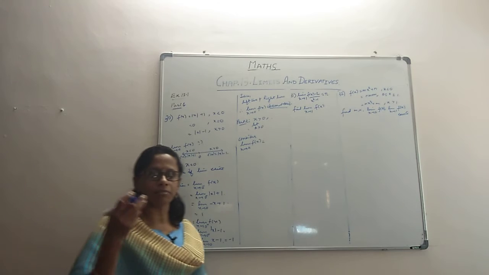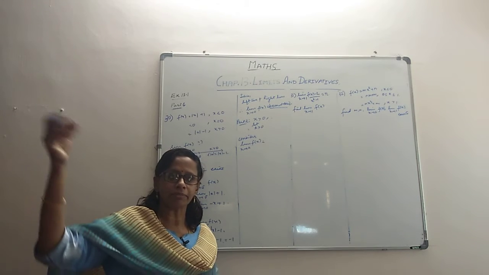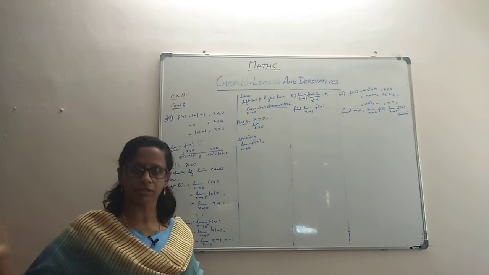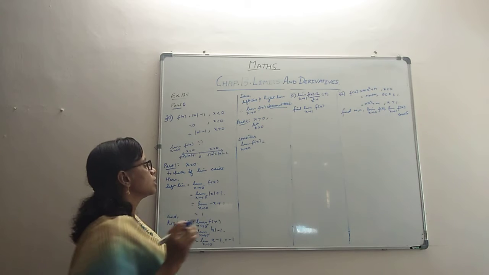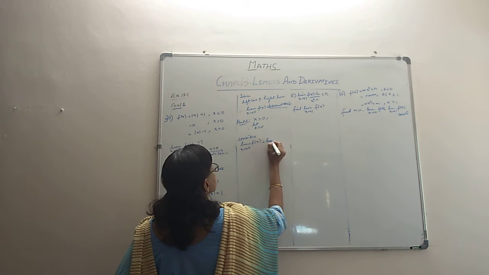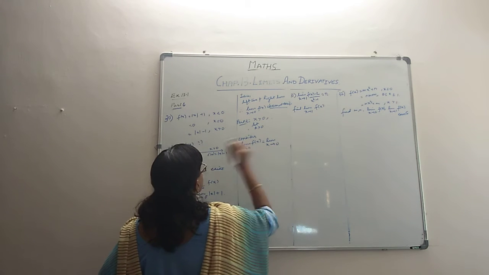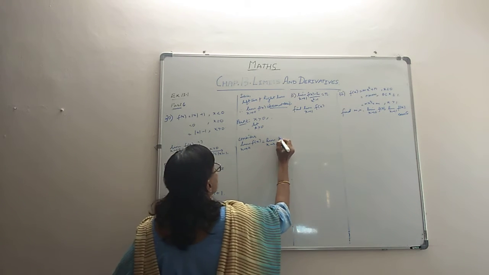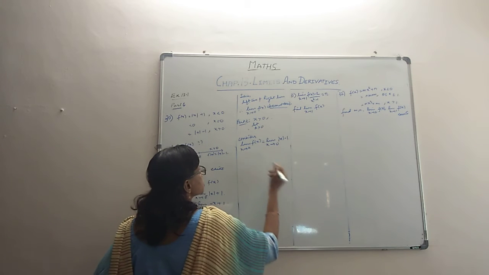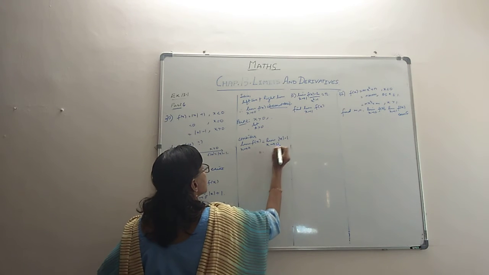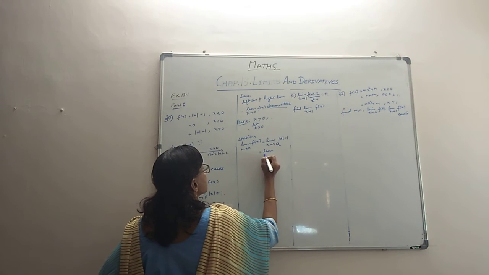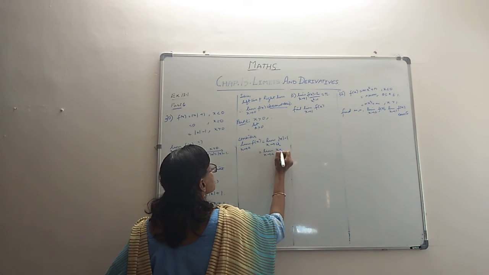It can be 5, 2, 10, 20, 10,000, whatever, some positive a. So the limit as x tends to a, where f of x on the positive side is defined as modulus of x minus 1, and on the positive side modulus of x is x itself, so it's x minus 1.